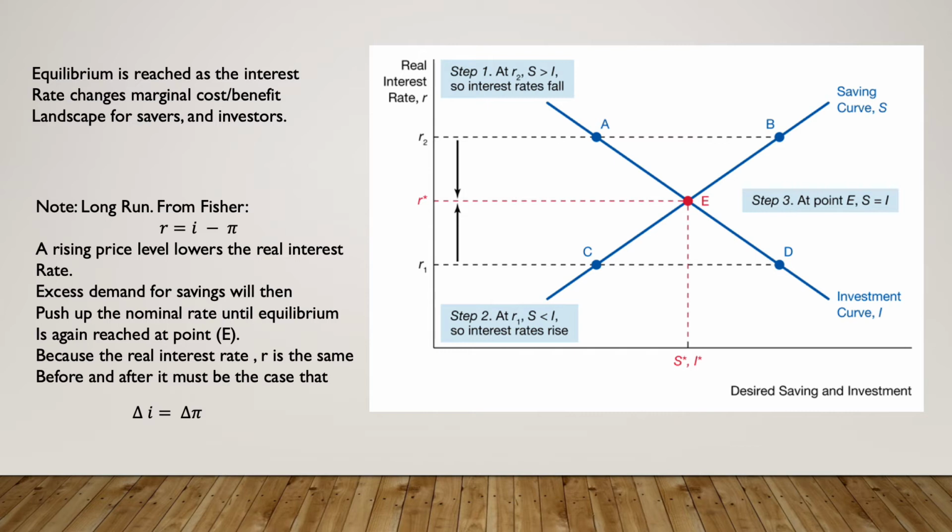A shift downward or leftward in that investment schedule would be consistent with bearishness on the part of investors. And a shift to the right or up of that investment curve would be bullishness on the part of investors.